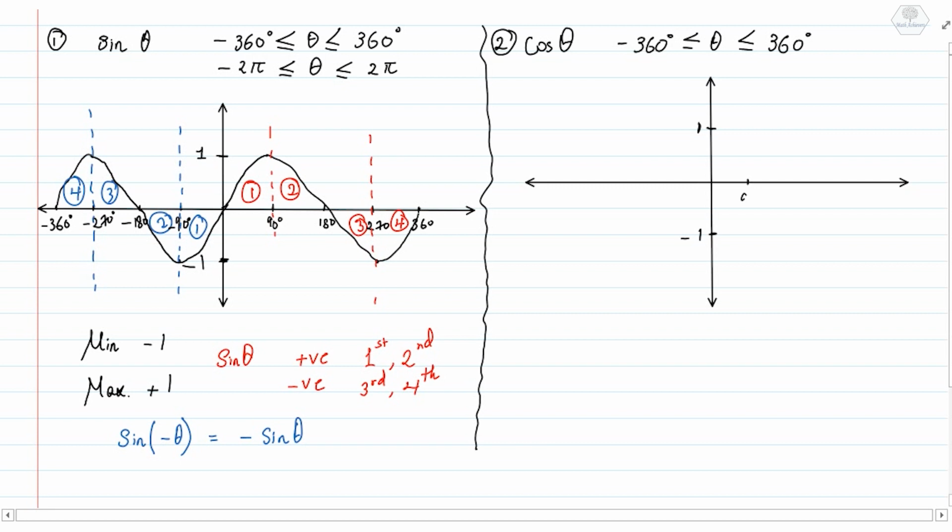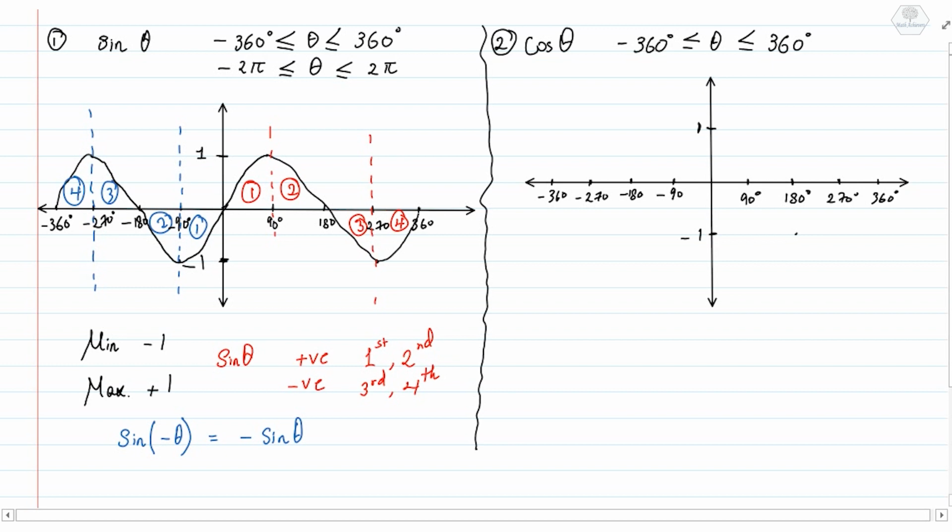It is the same as the sine function but shifted by 90 degrees. This is 360, and let's label the negative side. This is negative 180, negative 270, and negative 360.